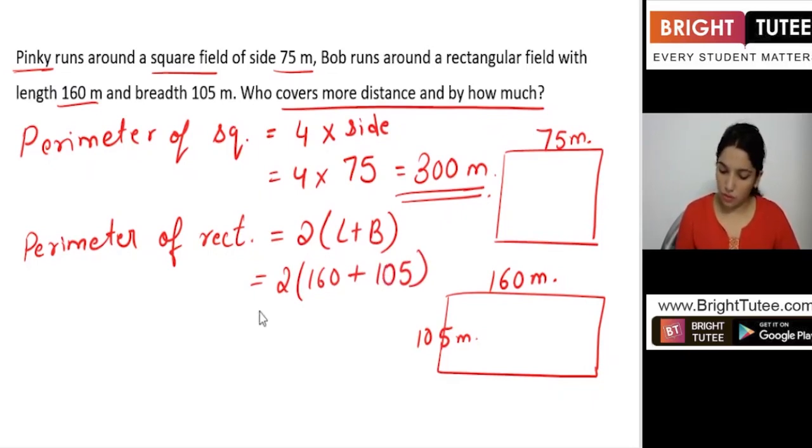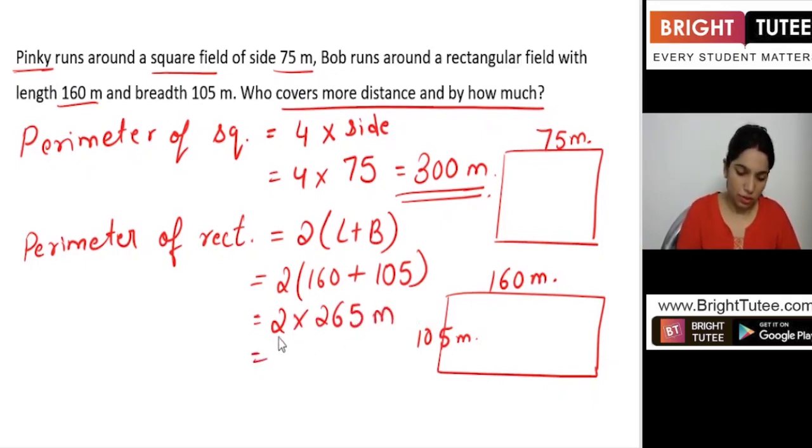So 160 added to 105 is 265, and this is in meters again, and we need to times it by 2. So the answer is 530 meters, right?